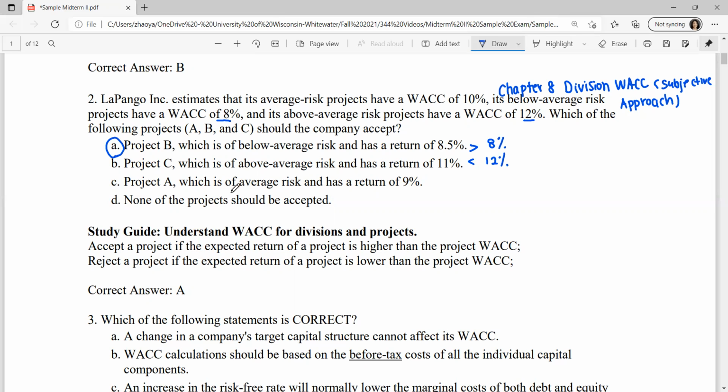Project A, which is of average risk and has a return of 9%. A project with an average risk should have the required return at least 10%, and its expected return is less than 10%. So we also rule out C, and D is also ruled out. That's question 2.